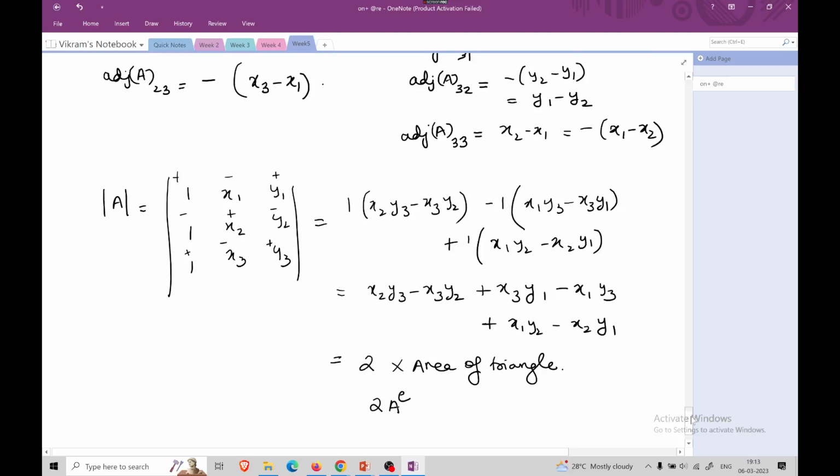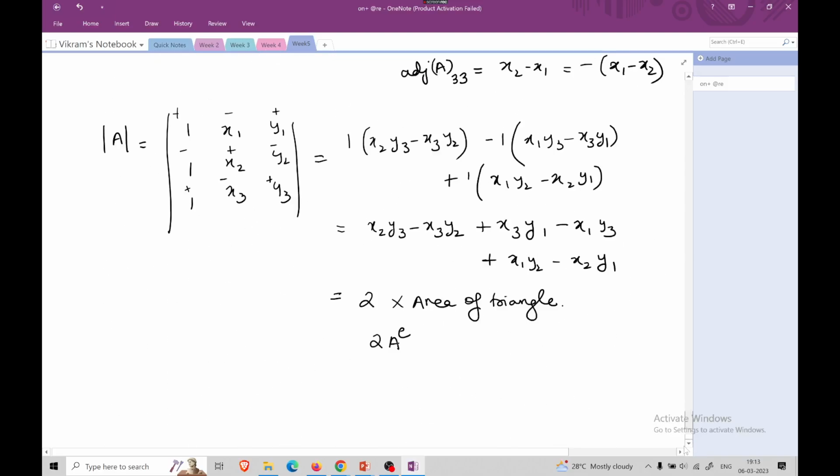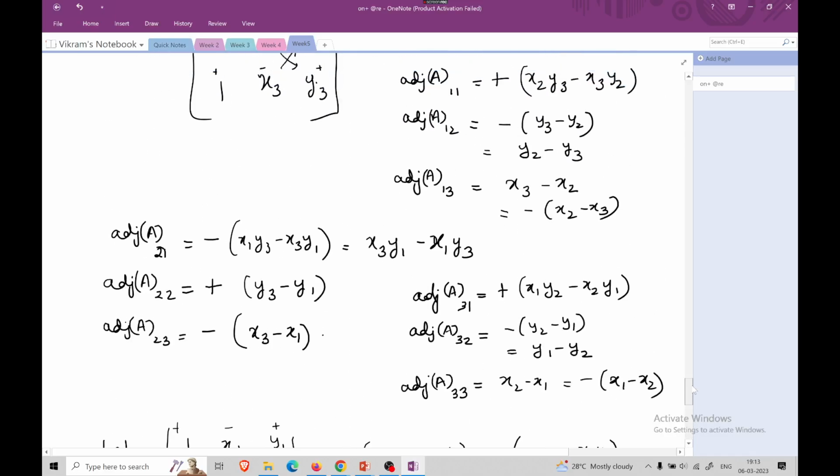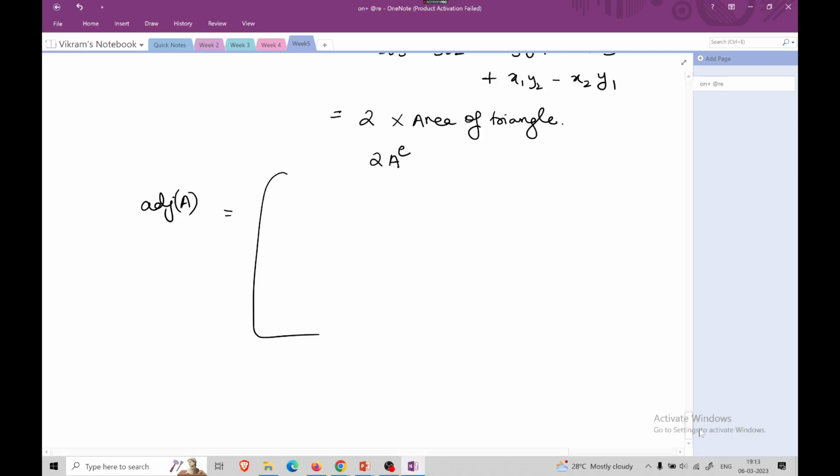Okay. So now I am going to write my adjoint matrix entirely, element by element. First will be x2 y3 minus x3 y2.